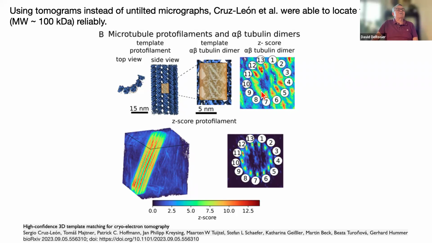So here's a structure that is about 100 kilodaltons; if you work using their algorithms, you can pick up something smaller.